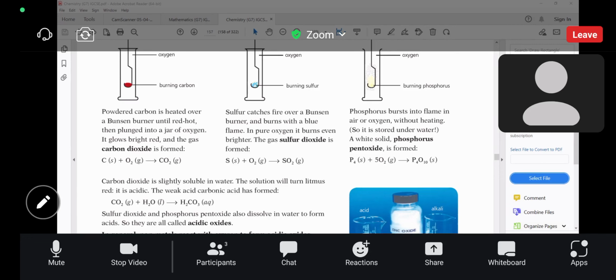For example, here CO2 produces an acidic solution when added to water, or upon addition of water. So this is the definition of acidic oxides. Acidic oxides are the oxides that produce acidic solutions upon addition of water.